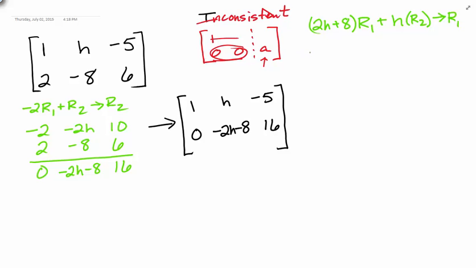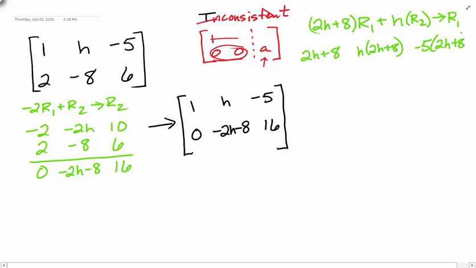So row 1 multiplied by 2h plus 8 is a 2h plus 8, and then an h times 2h plus 8, and then a minus 5 times 2h plus 8. Looks kind of clunky, but it works. And then h times row 2 looks like this. H times -2h minus 8. And that negative in here could come out here, which is what we're going to need. And then finally, 16h.